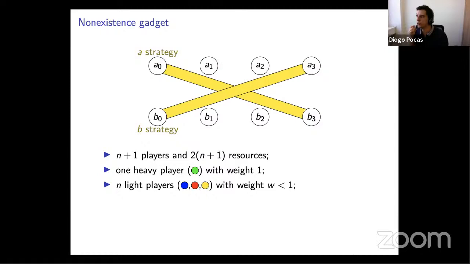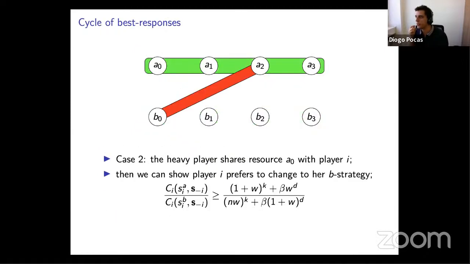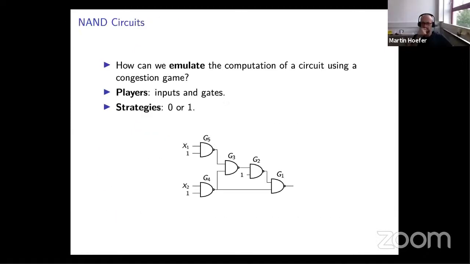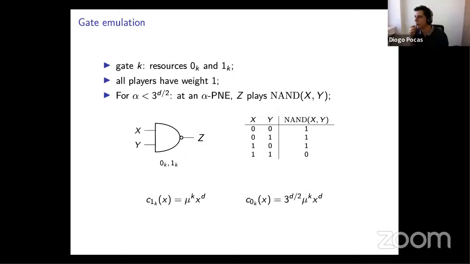The good thing is that you only have 2 strategies per player. For the hardness construction, you also have essentially 2 strategies per player, because you simulate a circuit, and each player will either play the 0 bit of that gate or the 1 bit of that gate. So in our reductions and in the non-existence, you have a small constant number of actions per player. That's the structure of our construction.